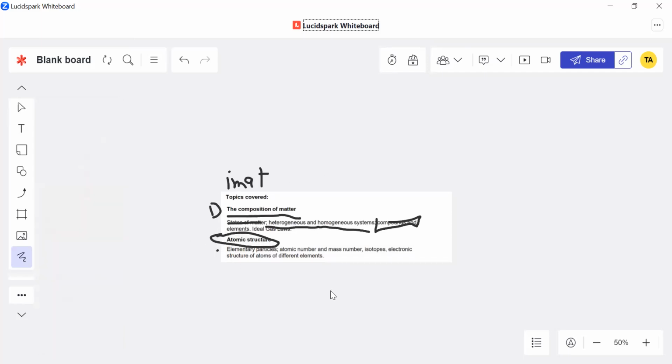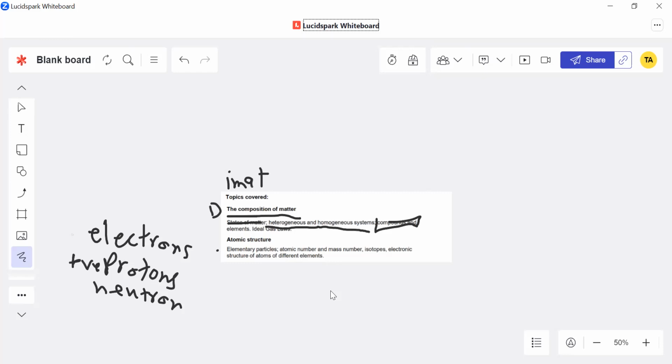this chapter, atomic structure. So elementary particles are the electrons, the protons, and the neutrons. And protons are positive, electrons are negative, neutrons are neutral. So when I have two charged plates, meaning positive and negatively charged plates, I pass a proton through this plate.